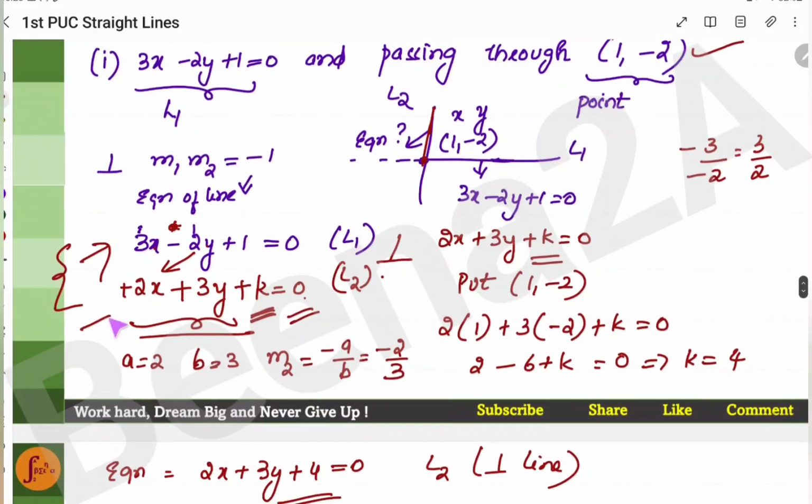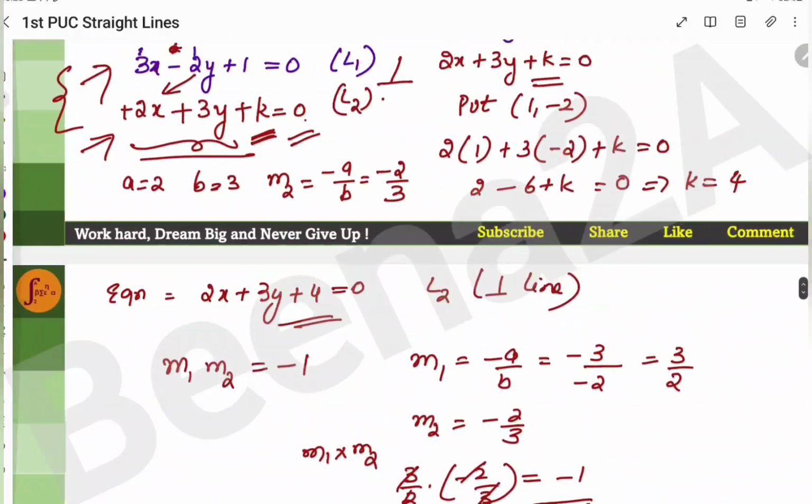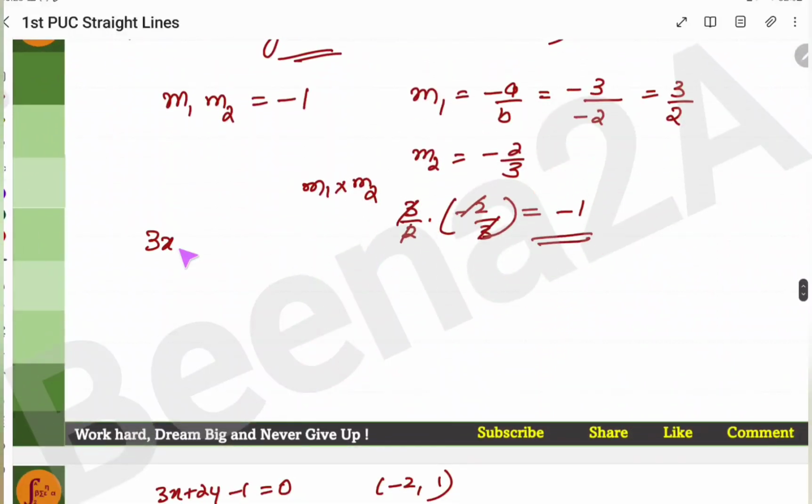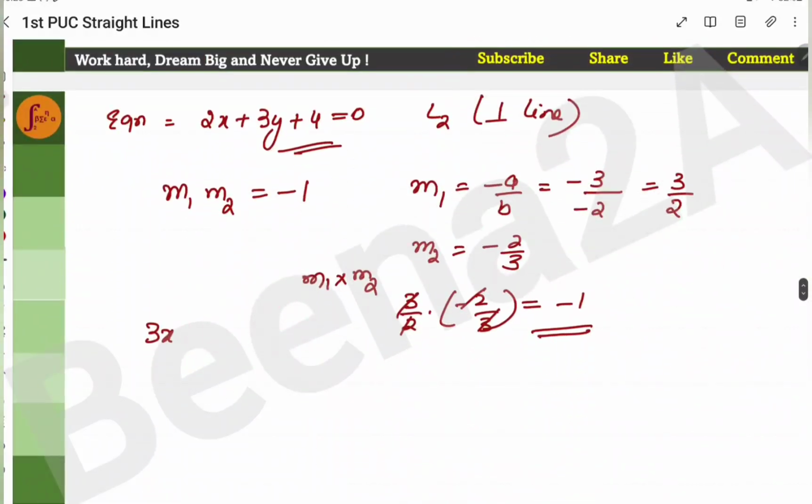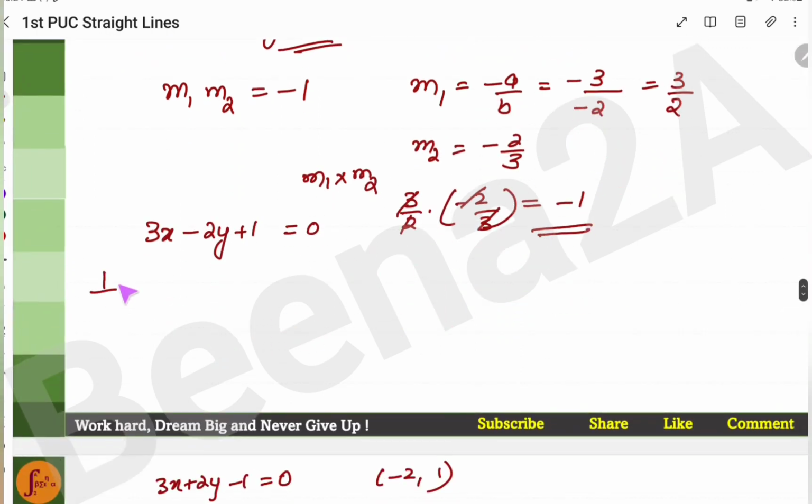Right? But remember this shortcut. So I'll repeat, if I have an equation like this, then the perpendicular line equation would be, instead of 3, I put this number 2x. Here it's minus 2, so I'll reverse the sign, so it will be plus 2.